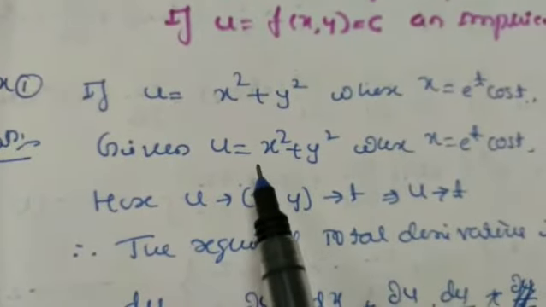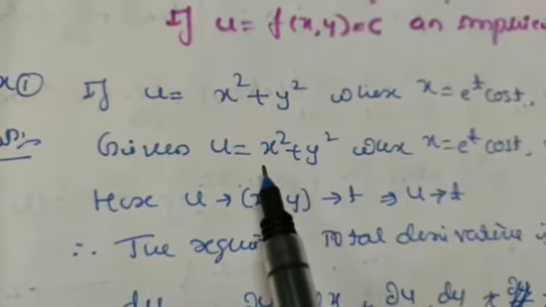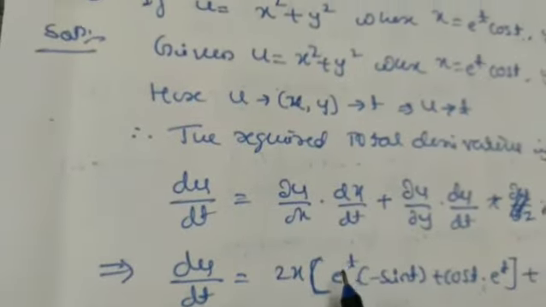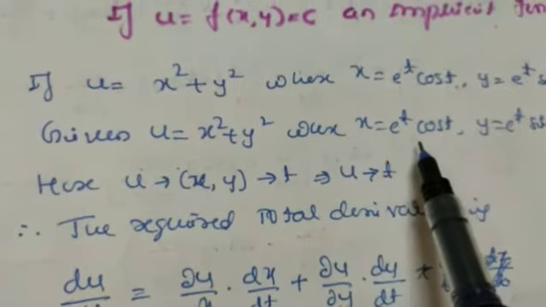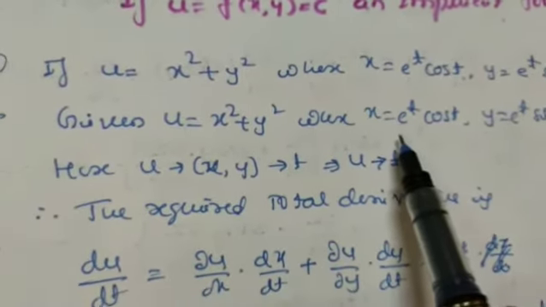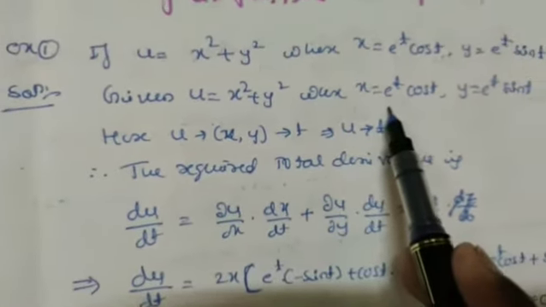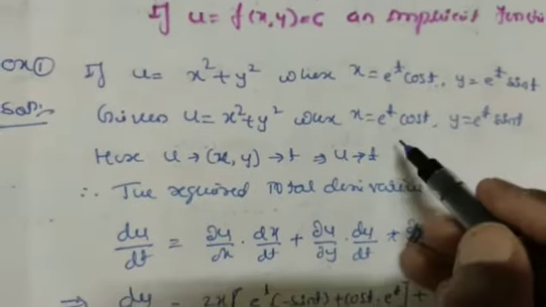Here u is given as x square plus y square, so dou u by dou x is 2x into dx by dt. Here x is equal to e raised to t cos t. So for dx by dt you have to differentiate this with respect to t. Here it is a product of two functions.